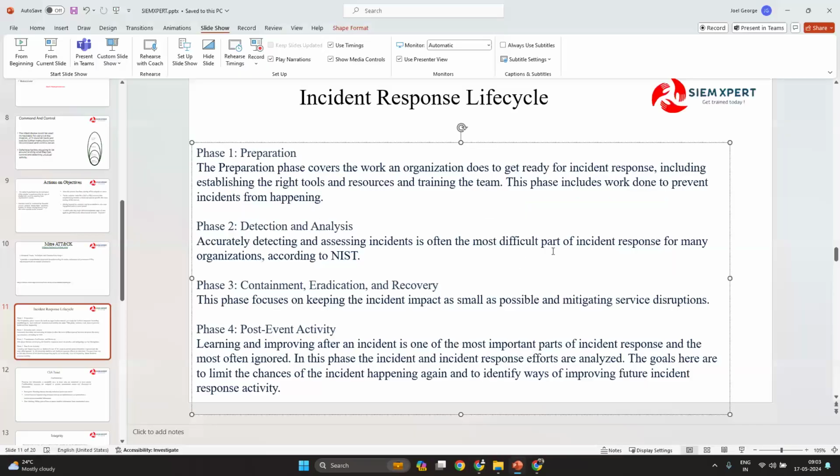Now, based on your analysis, you understand it is the actions of this suspicious tool which created these network connections. You move to the next phase, that is containment, eradication, and recovery. It basically means mitigating incidents. So how do you remediate these use cases?